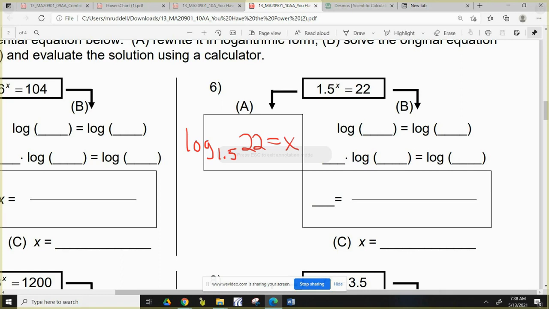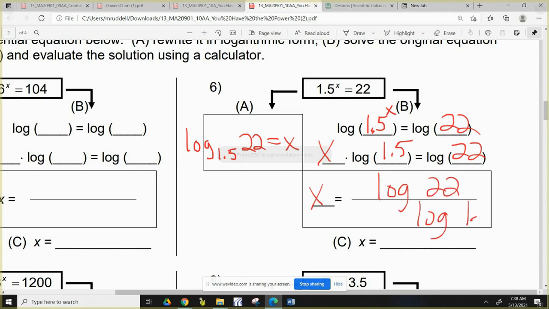If we're going to log both sides, we're going to do log 1.5 raised to the power of x equals log 22. Move the x to the front. Divide. And get 7.623.